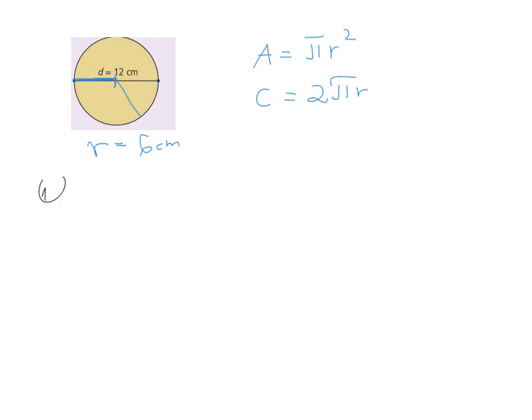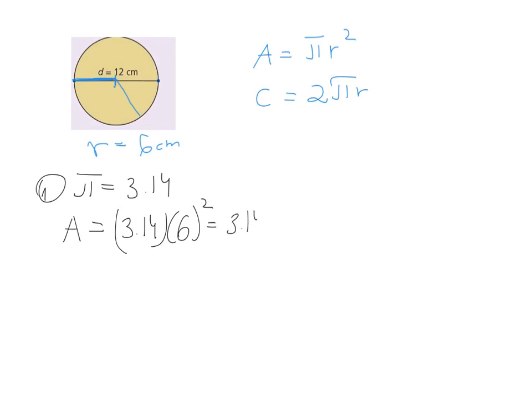So first of all, pi is 3.14. Then we know the radius is 6 centimeters. A is 3.14 multiplied by r squared, which is 6 squared. So we have 3.14 multiplied by 36.